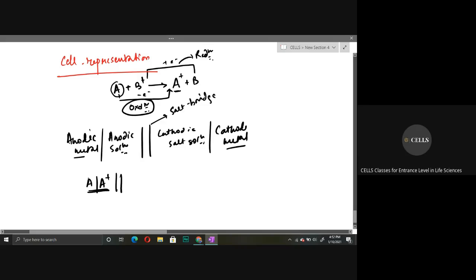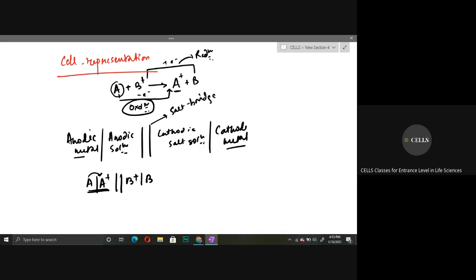Then the cathodic portion, B plus to B, is the reduction portion. Is it clear to everyone up to this? So this is the representation.